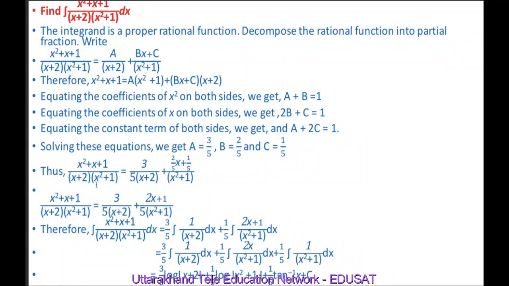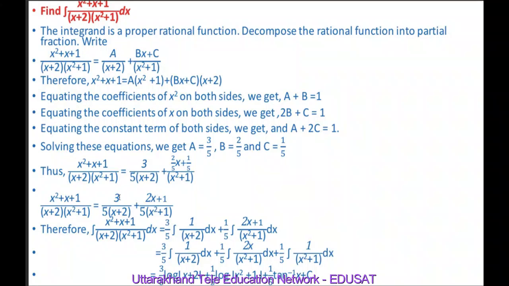So this function becomes 3 upon 5 into x plus 2, plus, 5 being the LCM, 2x plus 1 upon 5 into x square plus 1. Now it is easy to find the integration of these functions. The integration of this function is the integration of each part separately, because these are two different functions.